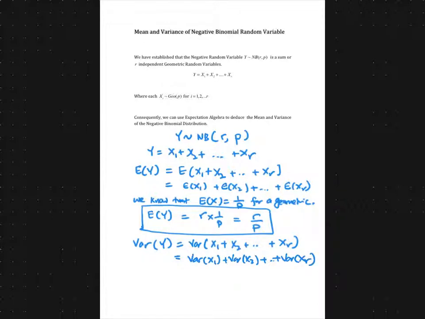And we know that variance of X for geometric is equal to q over p squared. Therefore, the variance of a negative binomial is given by rq over p squared.